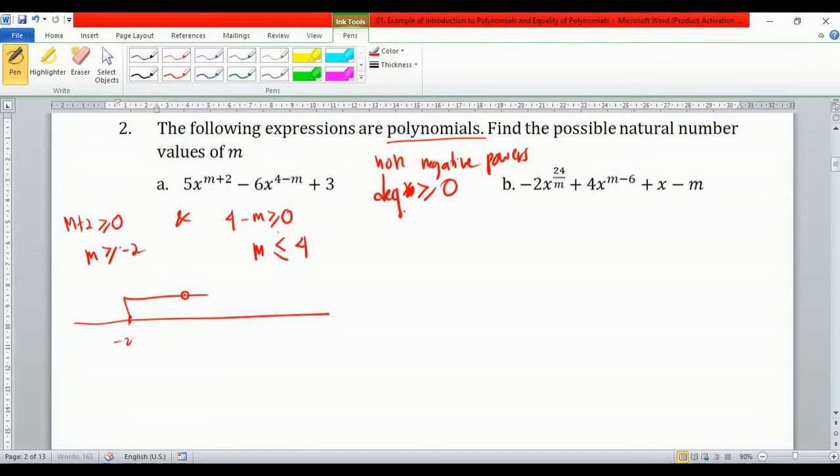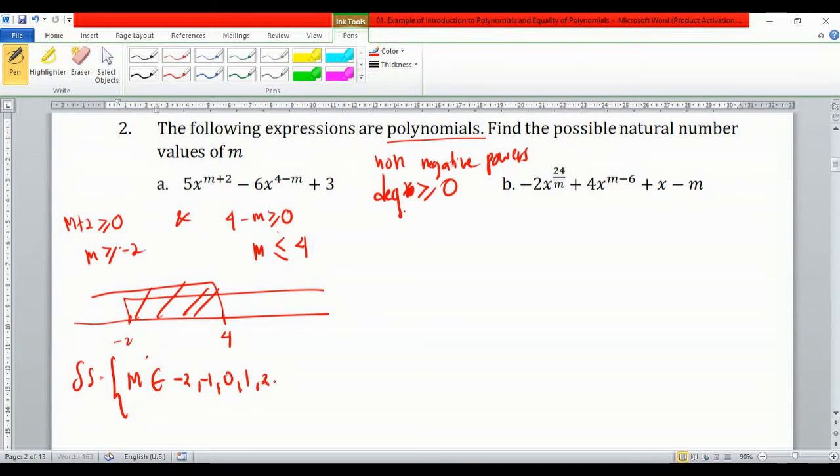Minus 2 is included here, and 4 is included here. So we will get the solution set: m is an element of minus 2, minus 1, 0, 1, 2, 3, and 4, everyone. Remember that the powers must be non-negative.